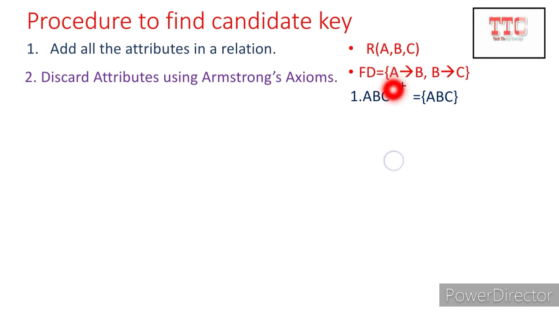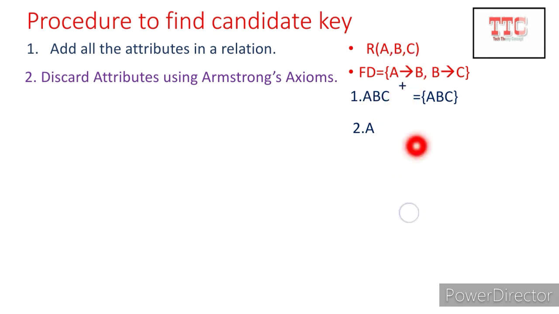It means that if we have A, then we can discard B, because if A is present, we can easily determine B. We apply the transitivity rule to these two given functional dependencies, and then we have A determines C. It means that we can also determine C using A. So we can discard B and C, because if we have A, then we can easily determine B and C in the given relation.